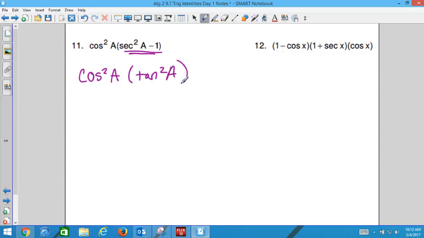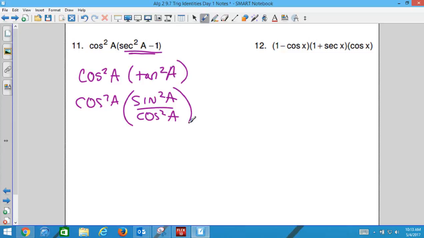Now from here, what should we do? Okay, so we'll have cosine squared A, and then sine squared A over cosine squared A. Then you multiply it across, right?